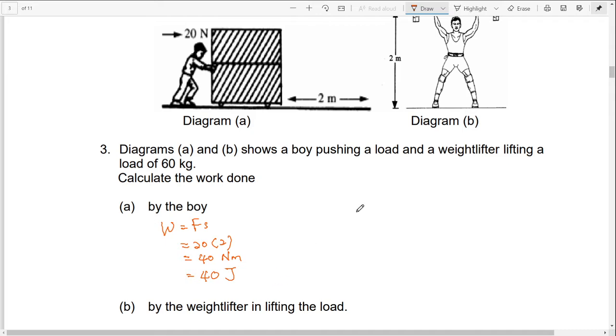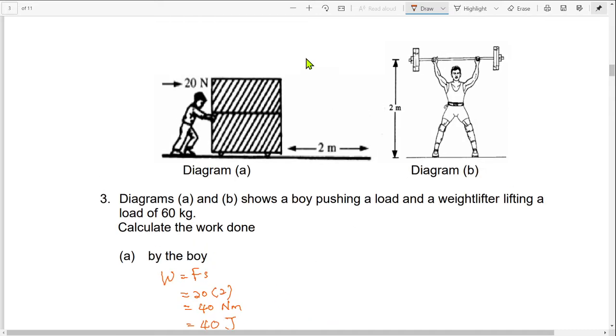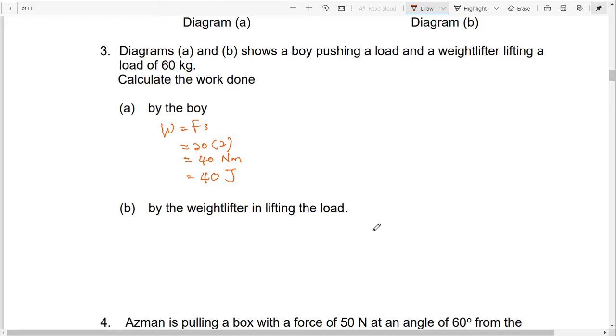Now, what about the weightlifter here? The weight has a force going down. That's the weight, right? And then the displacement is this way, it's going up. So are the two parallel? Yes, they are parallel. So we are going to use our formula W equals Fs.